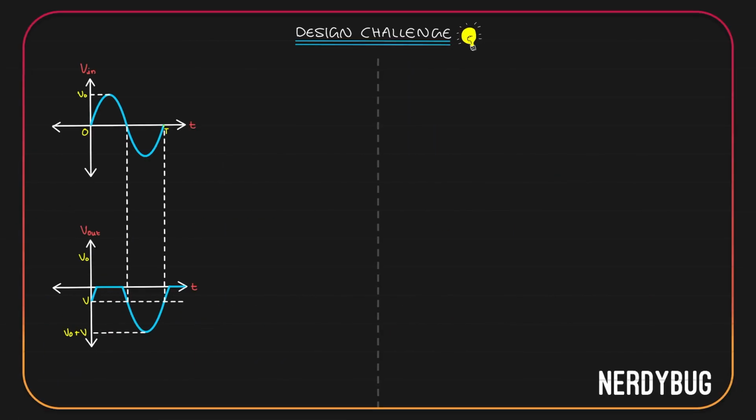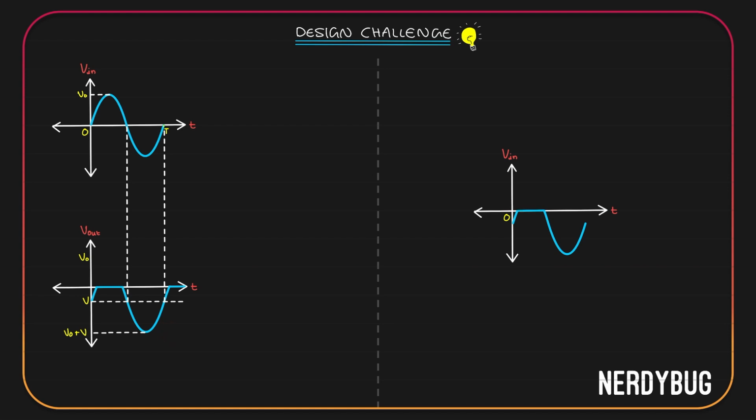Our next challenge is to design a circuit that gives us an output that looks like this. First, we have to understand what is happening here. Let me take our input waveform. I'm going to shift it V units downwards. Now I will remove whatever is above the x-axis. Isn't this exactly what we want?